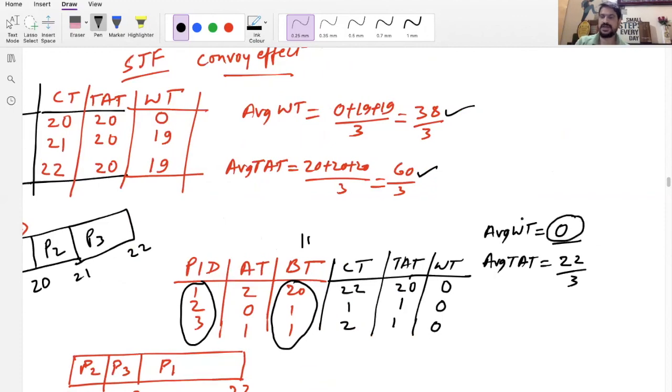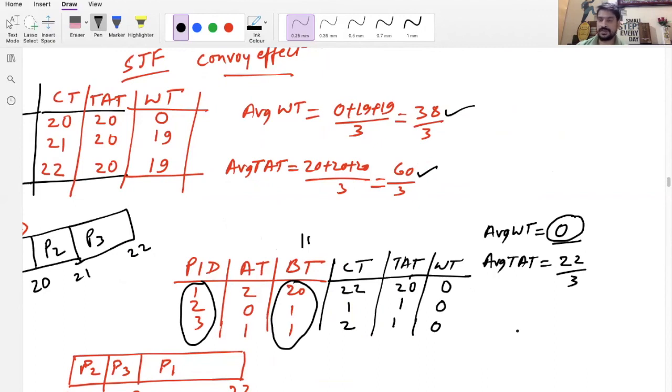So we can say that in each and every scenario, shortest job first cannot reduce the problem of the convoy effect or starvation, the problems which are there in first come first serve.